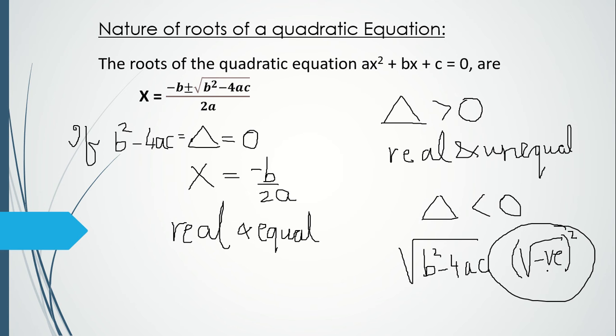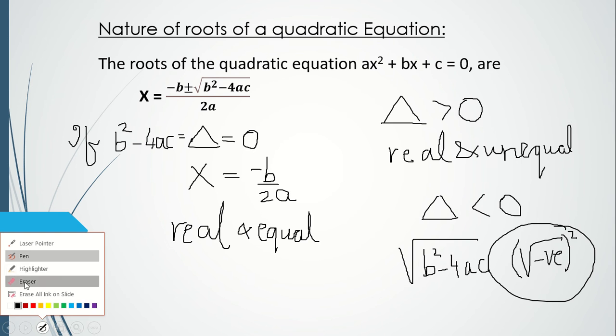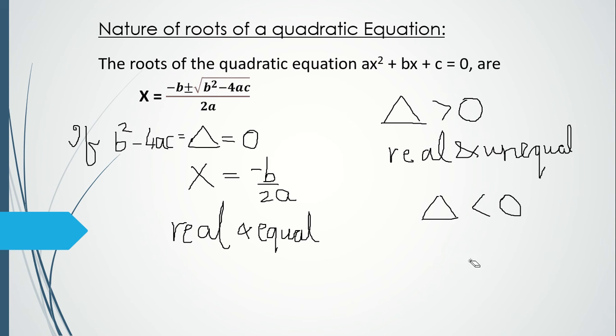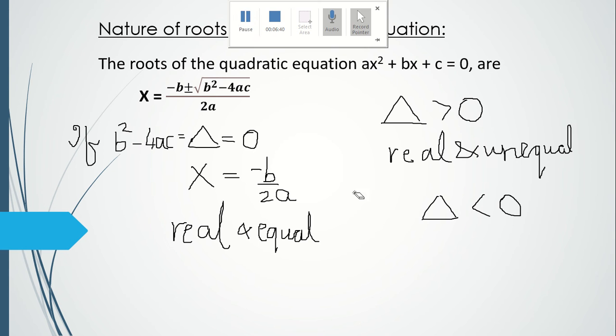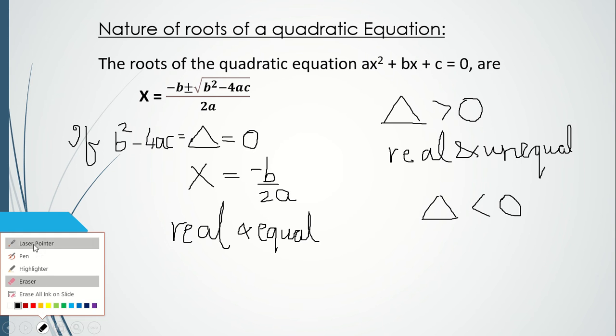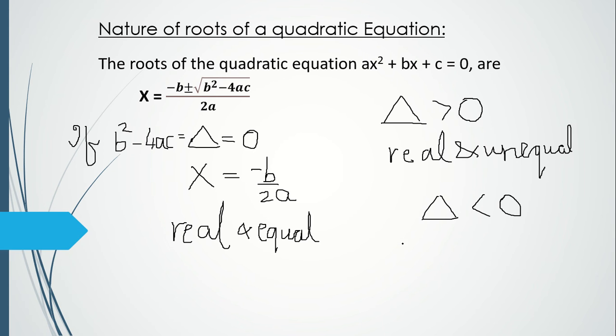The square of any real number is always positive, and here we would get the square to be negative, so it cannot be a real number. So when delta is less than 0, when delta is negative, the roots are going to be unreal.